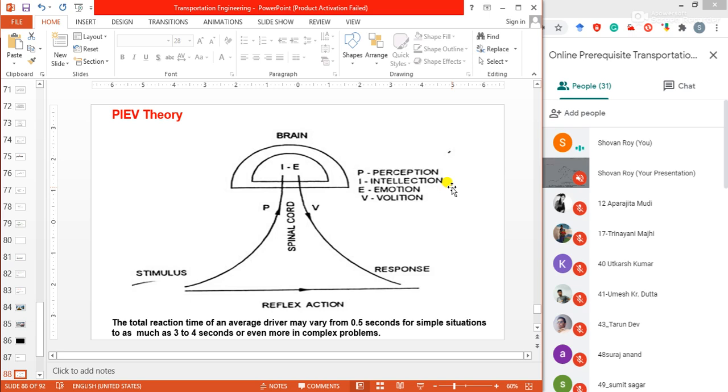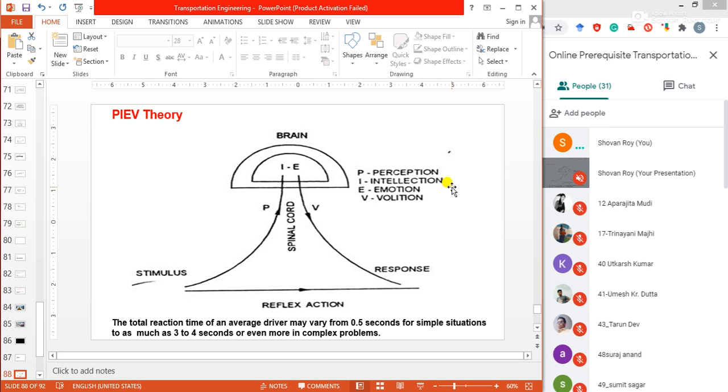So intellection is like that. Perception is just a message going to the brain through the nervous system and spinal cord. And intellection is the judge, who actually segregates or selects the things, whether it is a danger or not, and whether I should take action or not.